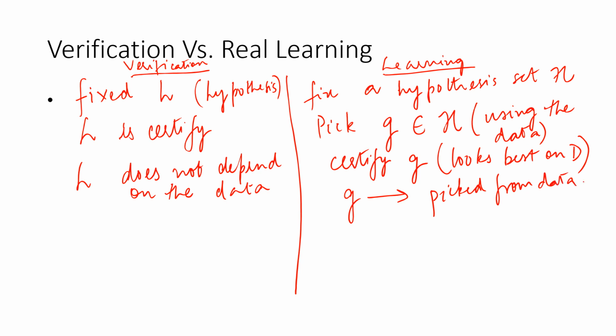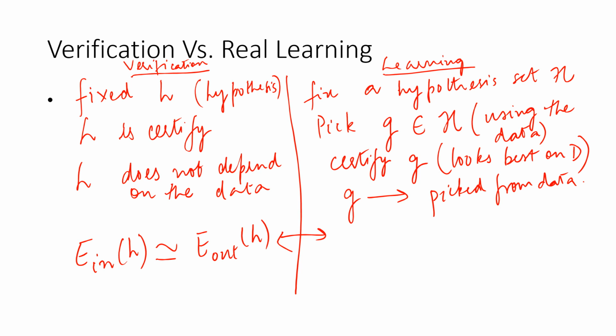Okay, so what this tells us is that once we're done with whatever we're trying to do, what we want in both cases is to have this relationship of E_in calculated on H be as close to E_out calculated on H as possible, right? And we want this to happen in both scenarios, in learning and in verification as well.